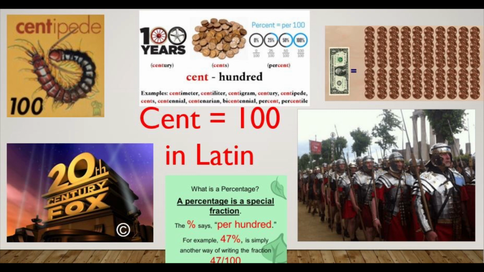You can even see some pictures of Roman soldiers there. And a centurion was a Roman commander in the army, and they were thought to be the boss of about 100 soldiers. So there are loads and loads of words with the Latin word root cent in them. So that's what we're going to be focusing on today.